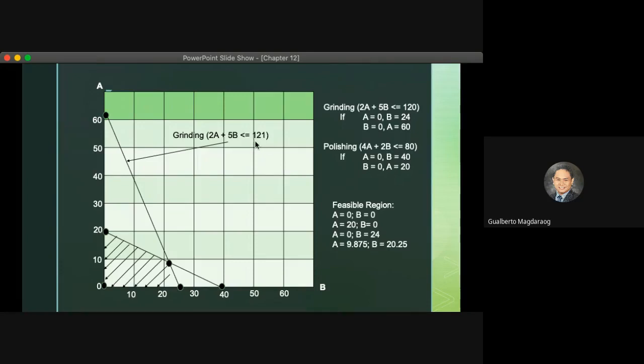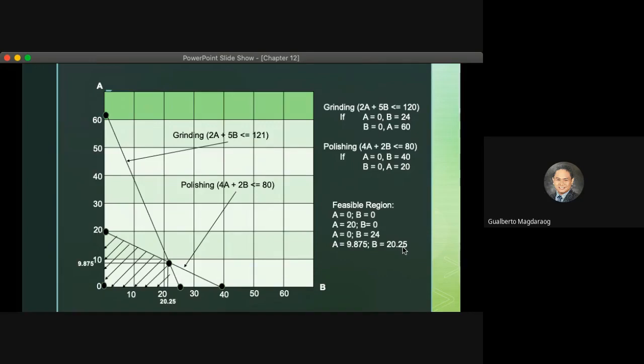And if we do this, the line will shift upward, kaya medyo lalayo siya. Hindi na siya 10, hindi na rin 20. This will become 9.875 and 20.25.